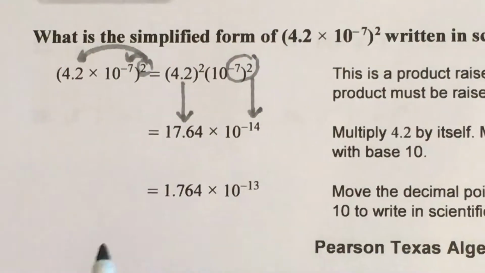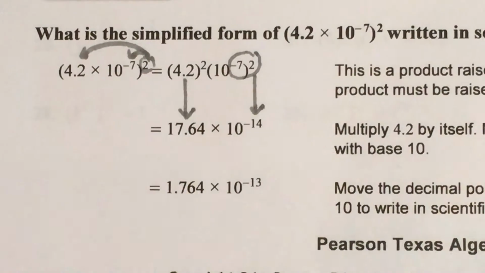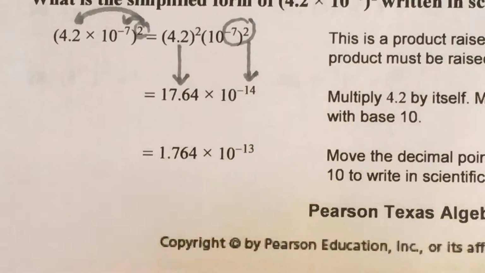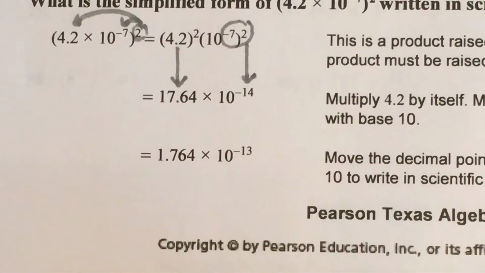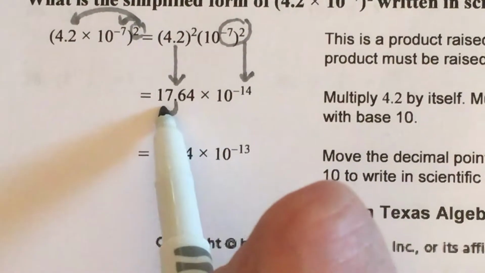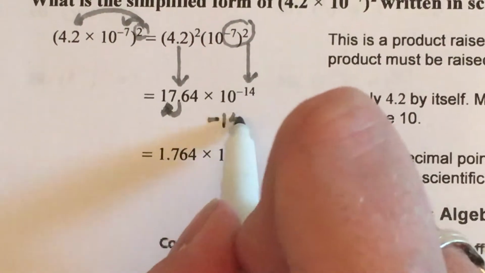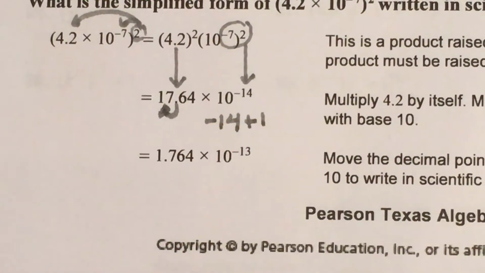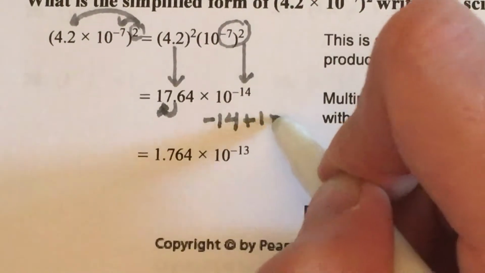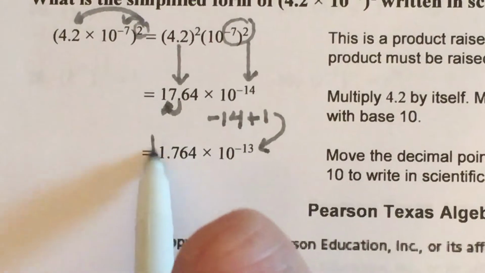Now you remember that you're only supposed to have one digit to the left of the decimal in order to be accurately written in scientific notation. So when we move this over to the left 1 unit, you add that 1 unit to your exponent, and that is where the negative 13 came from.